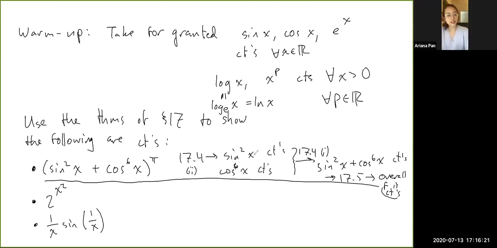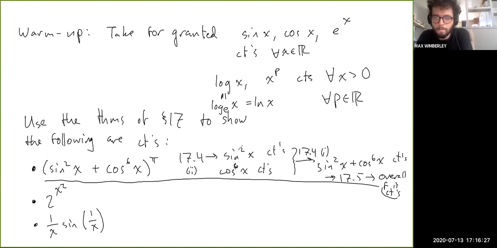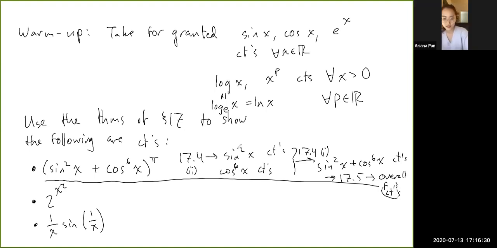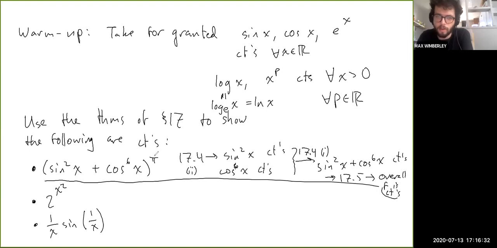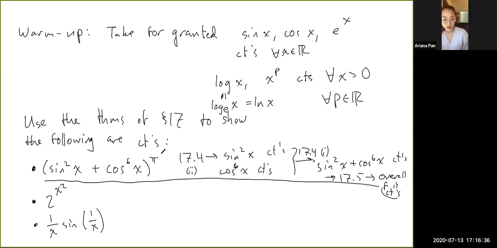Yes, I have a question. Here we just said to the power of pi, and this is constant because pi is a constant. Yeah, pi is a constant. And that's why it's the composition.